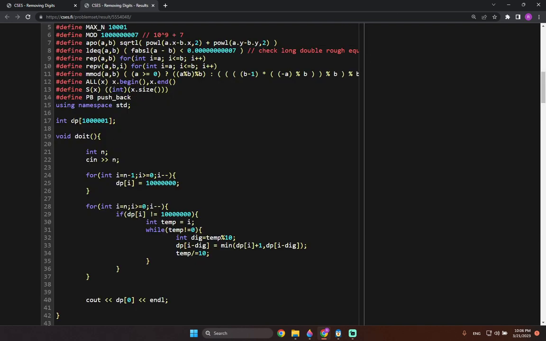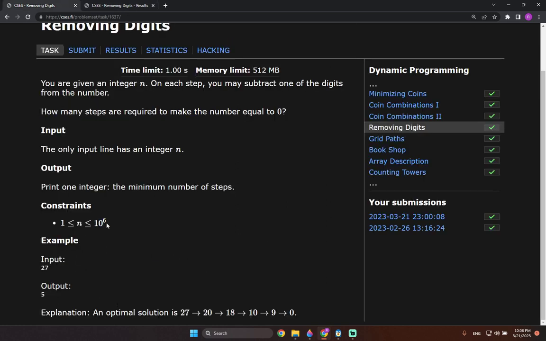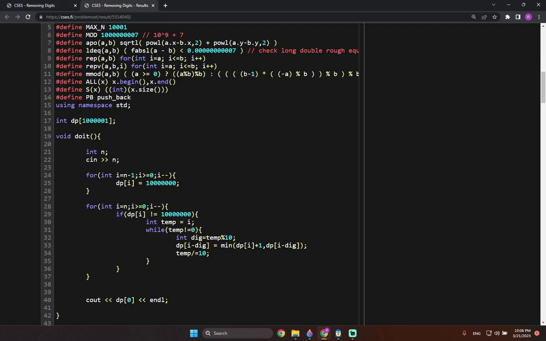The dynamic programming solution is you have an array of 1,000,001 places. So from 0 up until 1 million, because n can only be up to 1 million, including 1 million. And then what we do here is we just initialize every solution to be equal to, here I just put 10 million to showcase that it is impossible. So far it is impossible to reach that number, right?